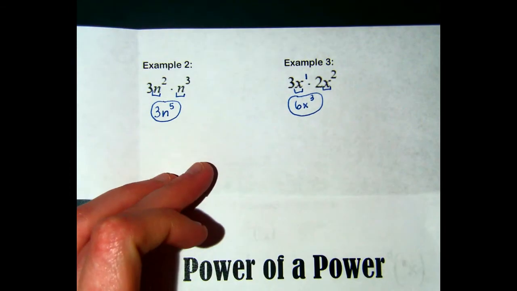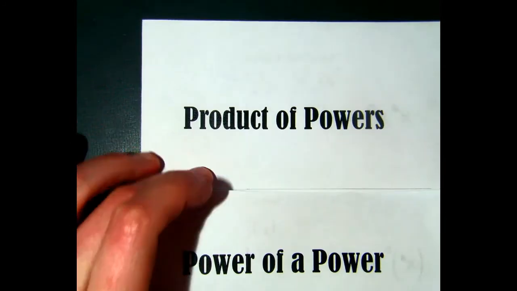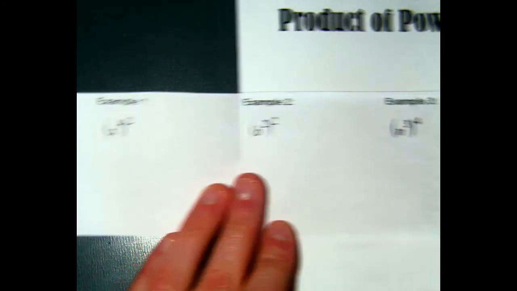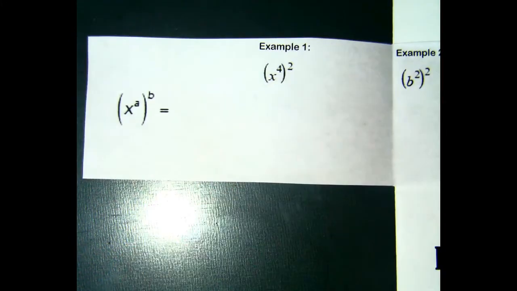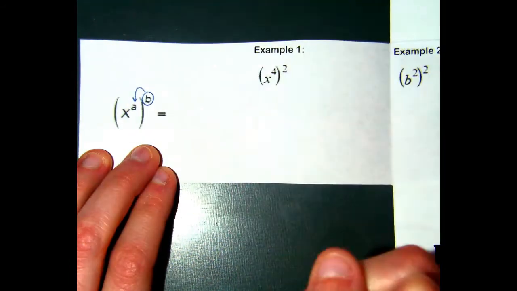Okay, the next multiplication rule is a power of a power. That means I'm raising one thing to the other. This is very much like the distributive property, meaning I'm going to take this and almost distribute it in there.